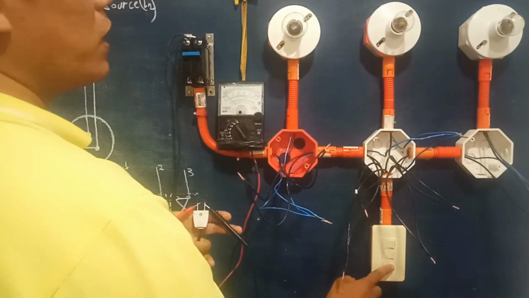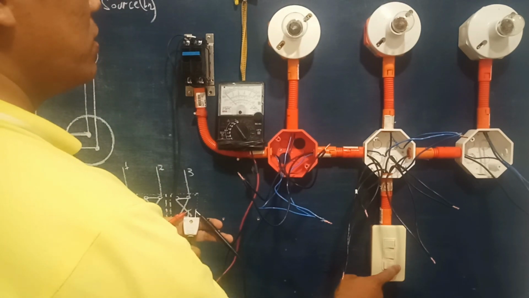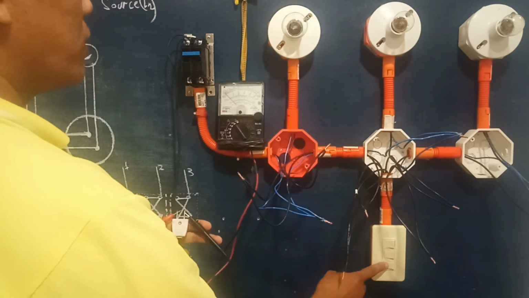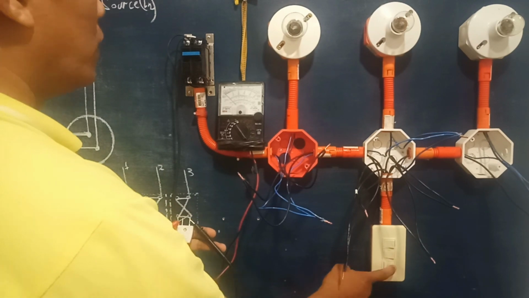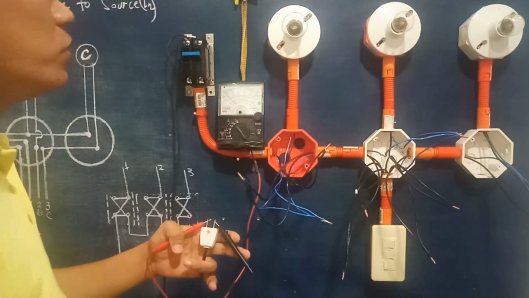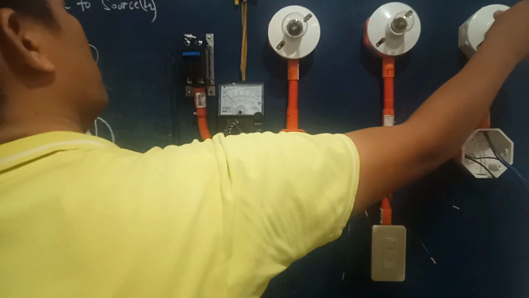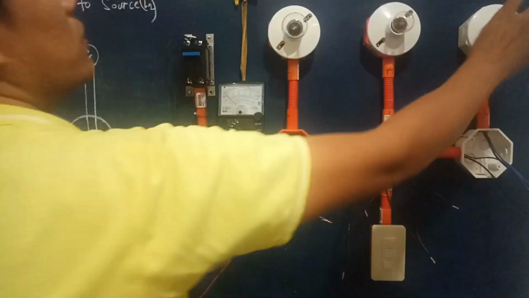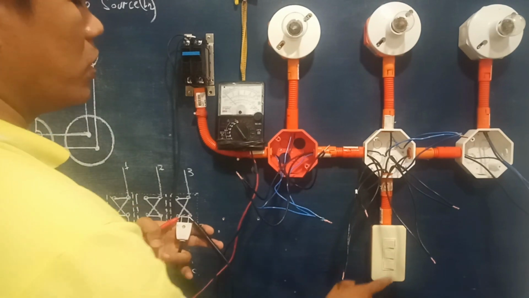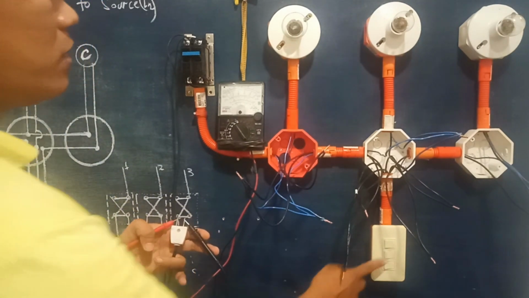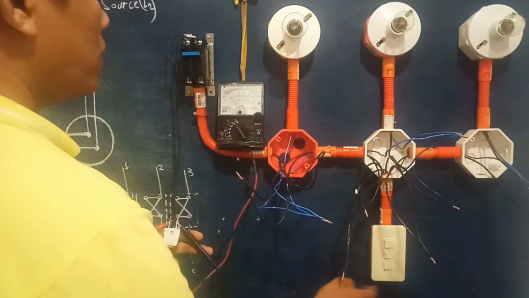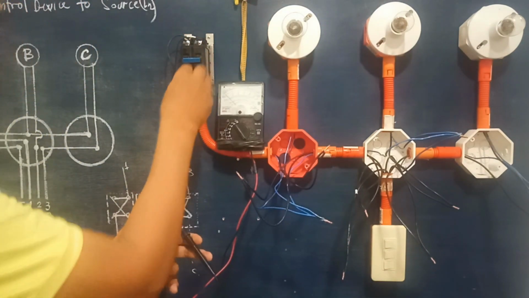Alright, for bulb C, you can observe the pointer of the tester is moving: on, off, on, off. I'm going to loosen the bulb for bulb C. It's been off, turn it tight, it's been on, then switch off again. Or all together, 1, 2, 3, off together using the circuit breaker.